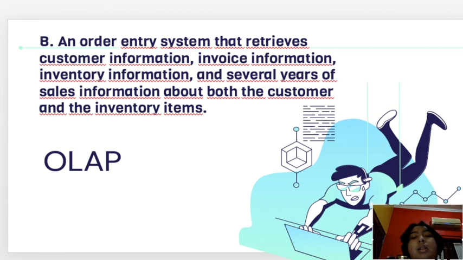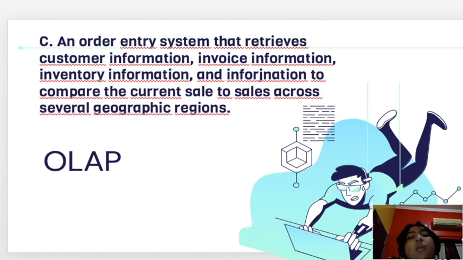I decided that this event is OLAP worthy because the several years keyword means the data used would be relatively bigger, and thus OLAP, which stands for analytical procedure, would be more fitting.